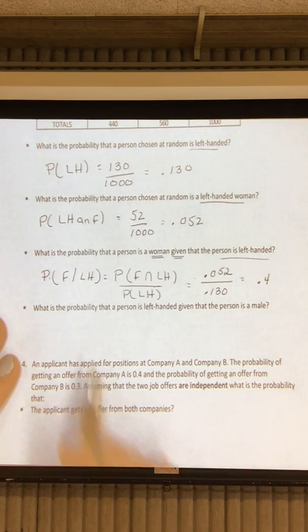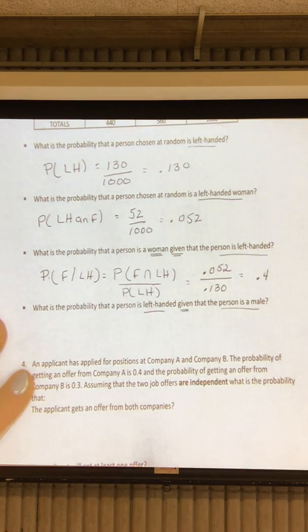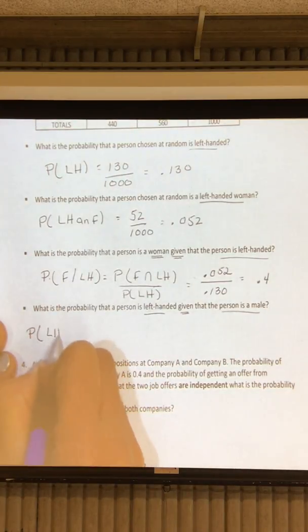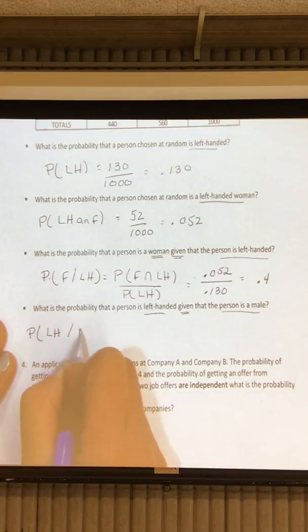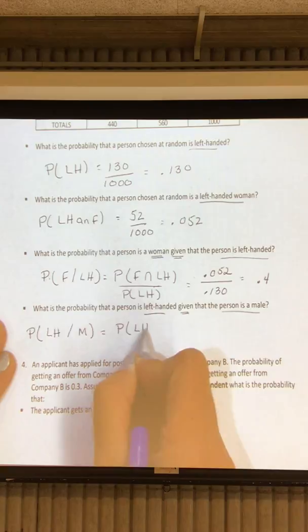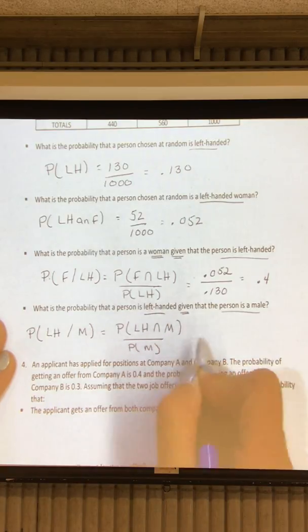The next problem, what is the probability the person is left-handed given that the person is a male? So the probability that the person is left-handed given male. So here you have the probability of left-handed and male over the probability of male.